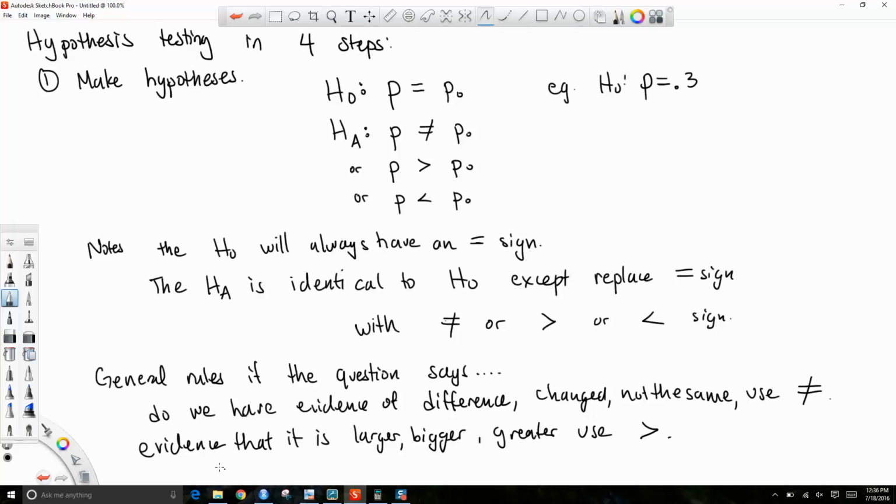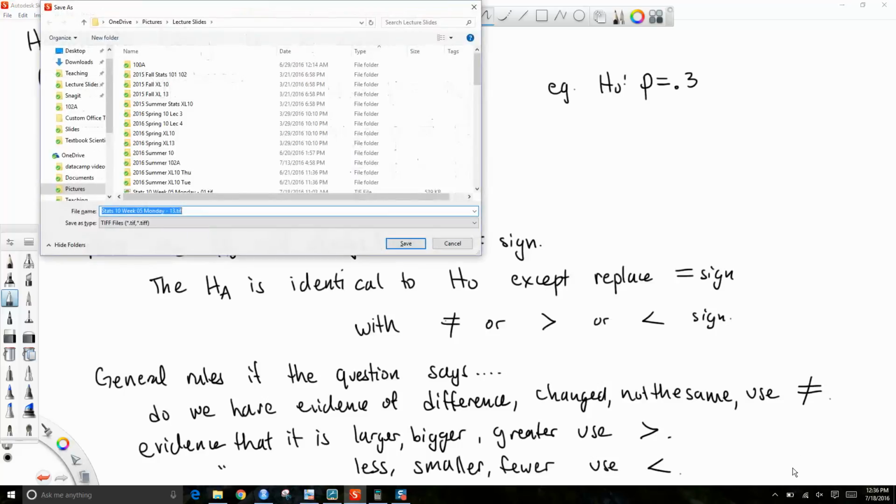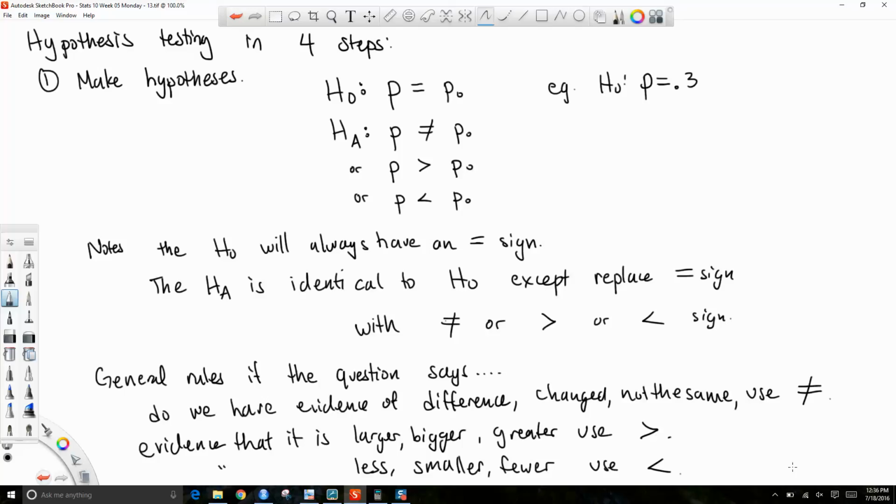And evidence that it's less, smaller, fewer, okay, use the less than sign. Okay, so that's how you establish your hypotheses.